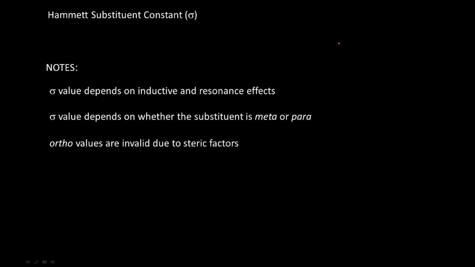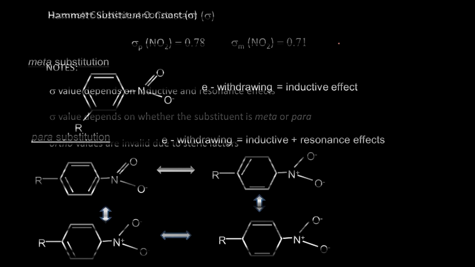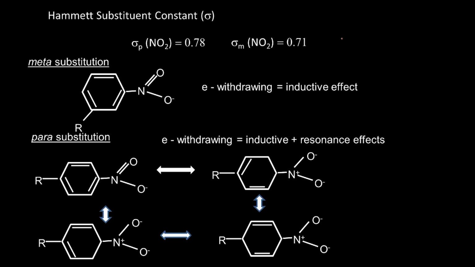Ortho values are invalid due to steric effects. Ortho means the substitution is so close that, because of steric effects, it might not work. So look at this meta substituent, NO2. If you have para NO2, sigma is 0.78, meta NO2, sigma is 0.71.